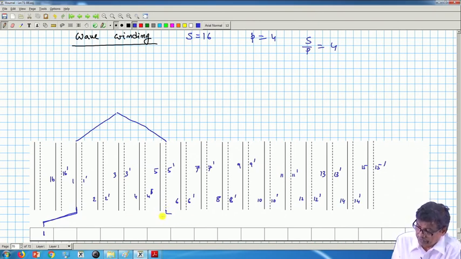Now, this one I will terminate after 2 pole pitch apart. So, what is 1 pole pitch apart?